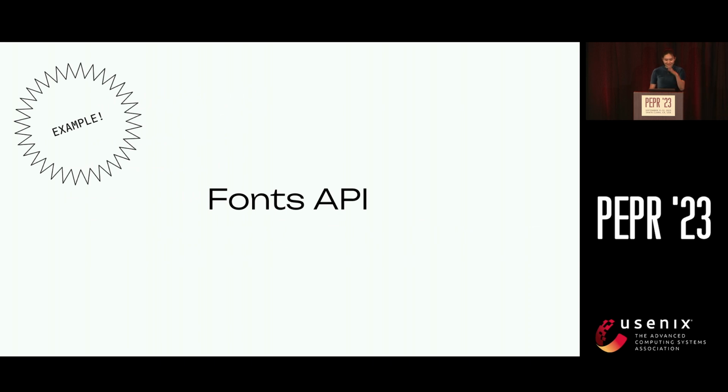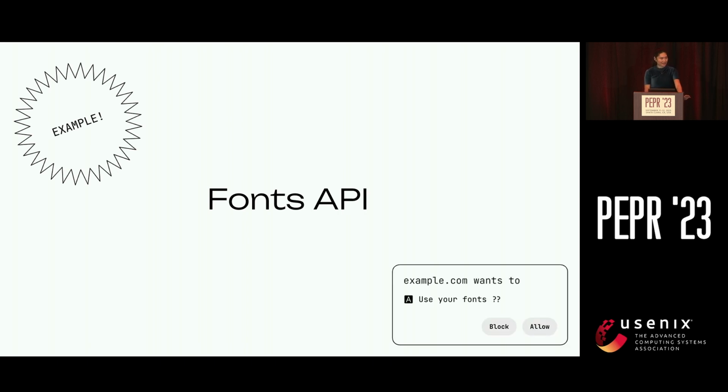Here's an example, the Fonts API. This is an API that lets websites access your font files on your local computer. You think that they can already do this. A lot of people think this. But this is a different kind of access, it's accessing the vector data. This is gated behind a permission prompt. Why?